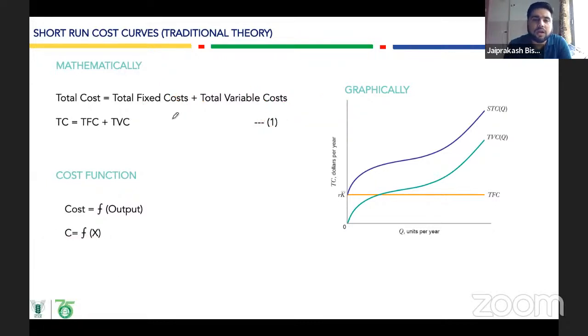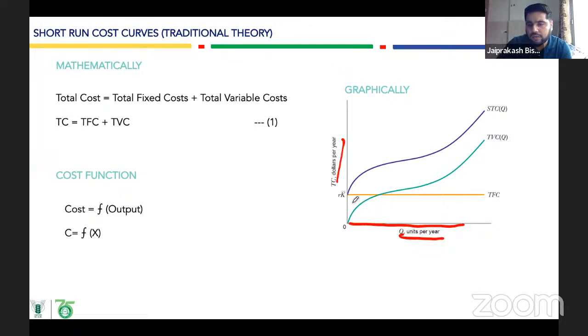Now coming to the cost function. The cost is a function of output. Here I have already said the total cost is a function of output. For example, in this graph, on the x-axis we have taken output, q units per year, and this is your total cost.